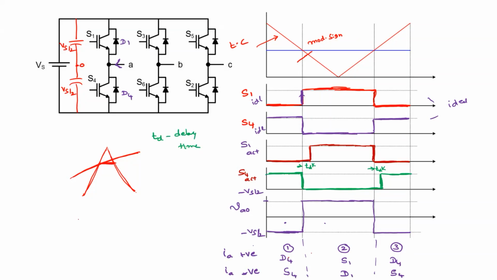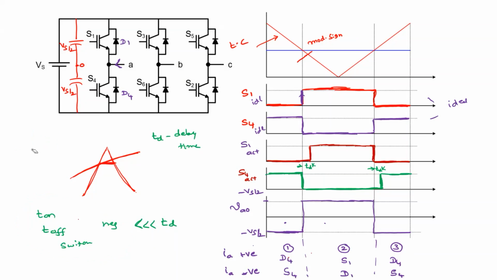Understood? Our assumption is that the Ton or Toff of the switch is negligible when compared to this TD. That means TD is much greater than these values. That's why, instead of drawing like this, we have drawn sharp rising and falling edges.